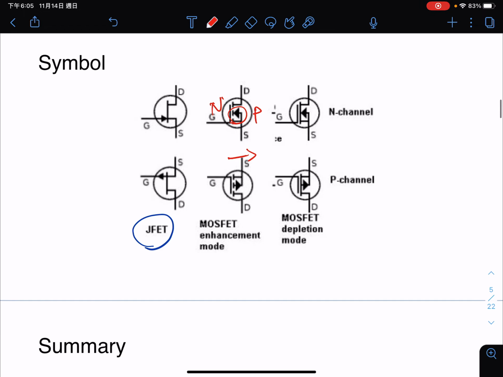So we use this arrow to identify whether it's a P channel or an N channel.